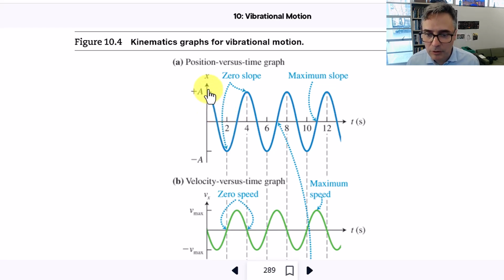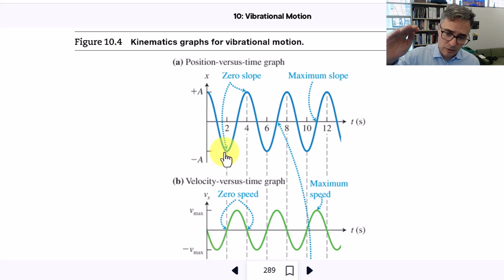So for example, when you release an object from rest at its maximum amplitude A, it has 0 velocity. But then it starts shooting down towards equilibrium and it gets negative velocity. And when it passes the equilibrium position, you can see that that's when it has its maximum speed in the negative direction here. Then when it gets down to its lowest point, it stops for a moment and then starts going up again and gets to its maximum speed again when it crosses equilibrium.